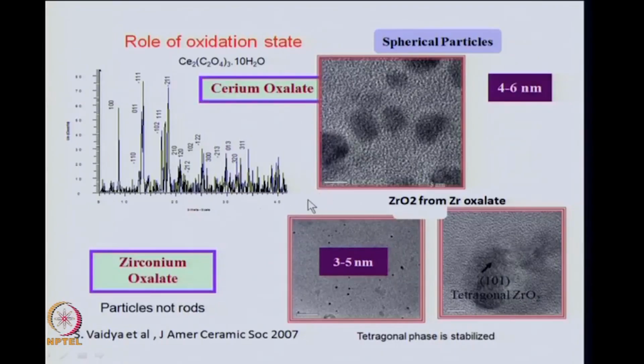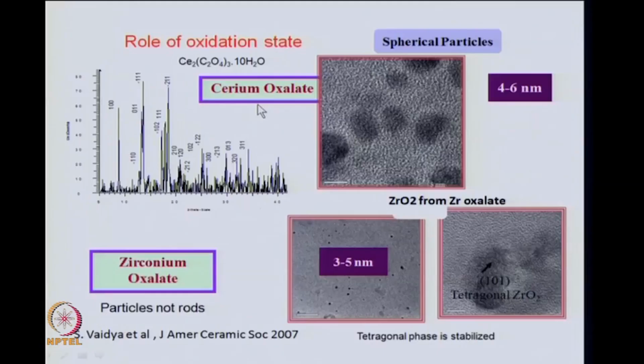So, it appears that with a 1:1 ratio, the oxalate ion is negative and the metal ion is positive, with the same charge of course opposite, then it forms anisotropic nanorods in CTAB based microemulsions, whereas when the oxidation state is larger, say 3 or 4, then they give rise to spherical particles of cerium oxalate and zirconium oxalate.